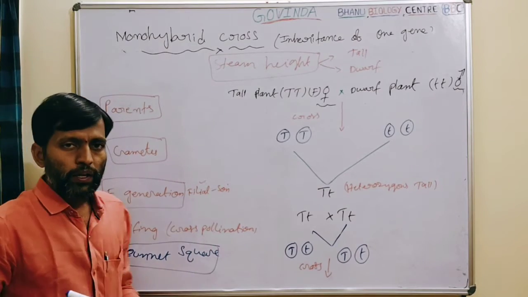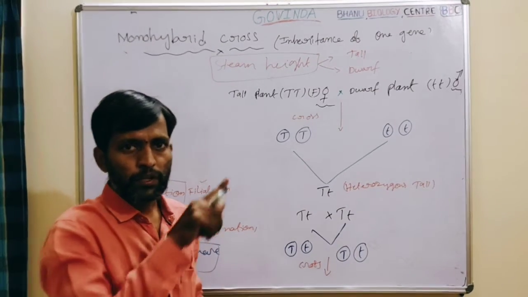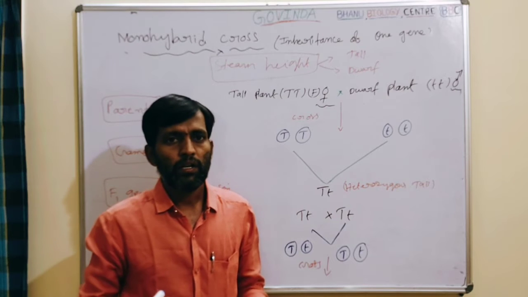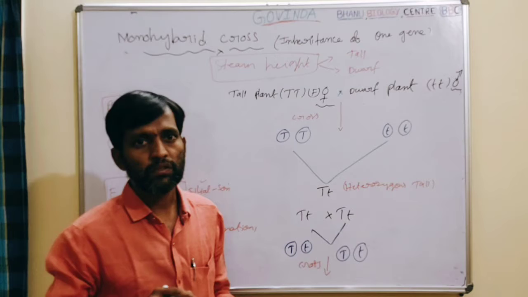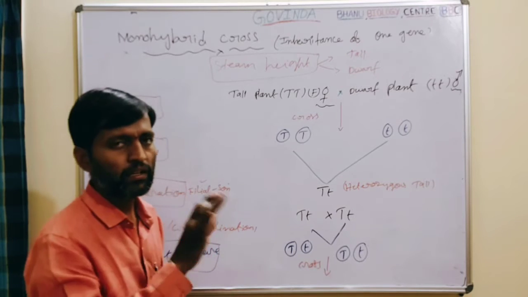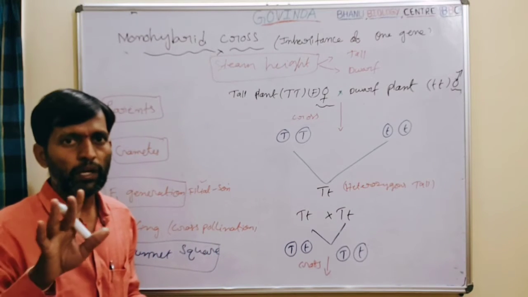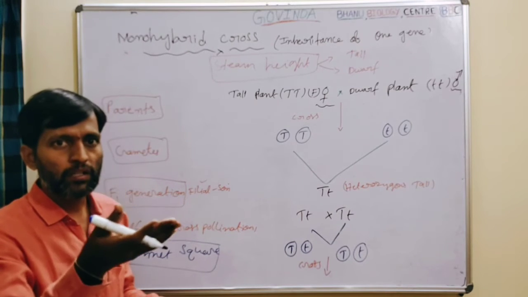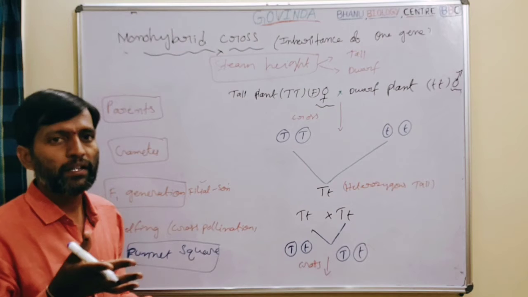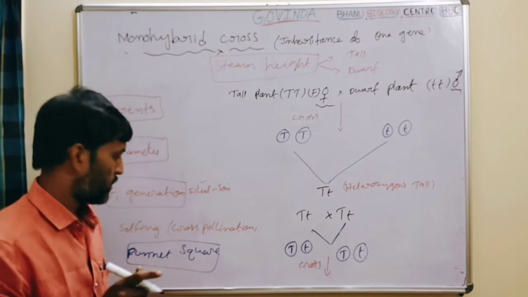So what is a Punnett square? A Punnett square is the graphical representation to calculate the probability of genotypes of organisms in a cross. Just a graphical representation. Here we are going to use many squares to explain the genotype of an organism produced in the cross.